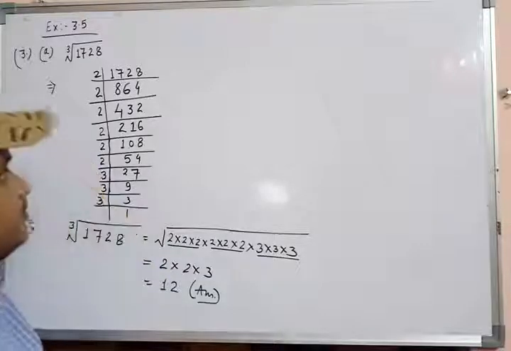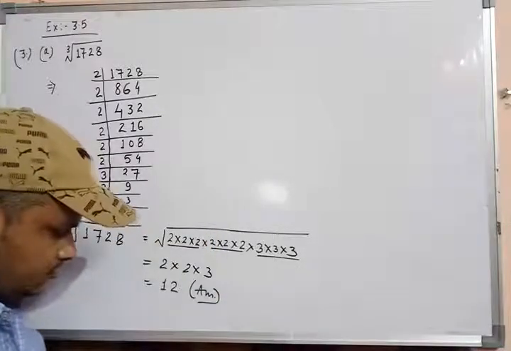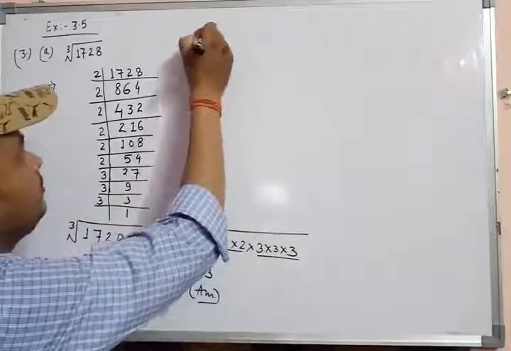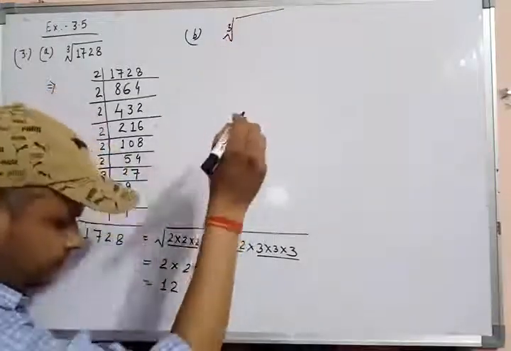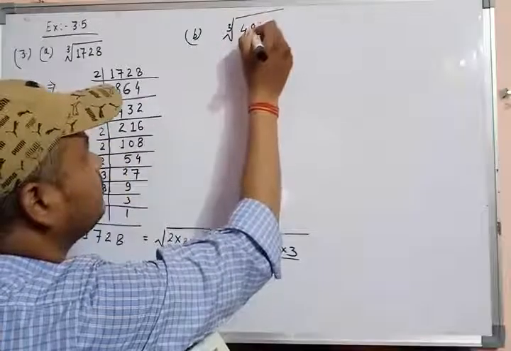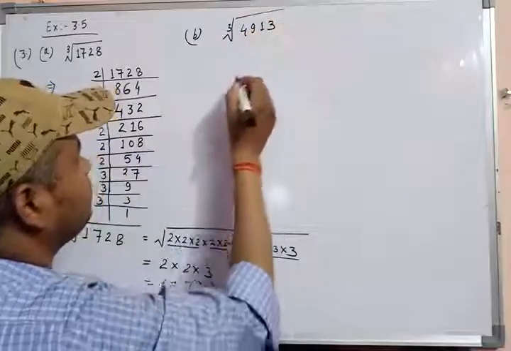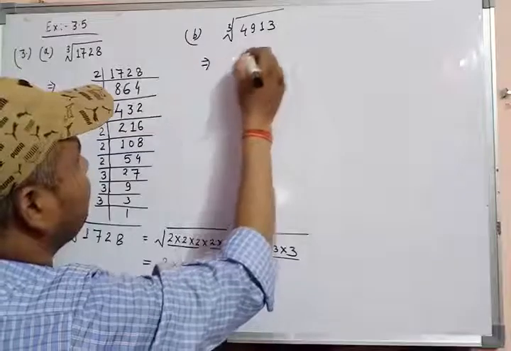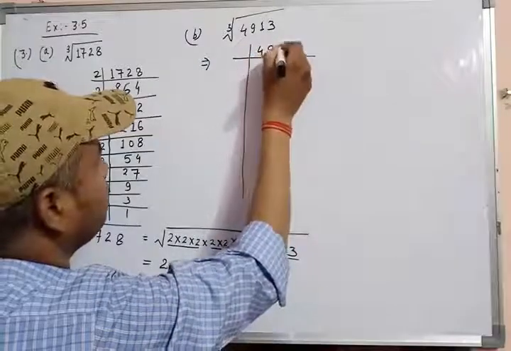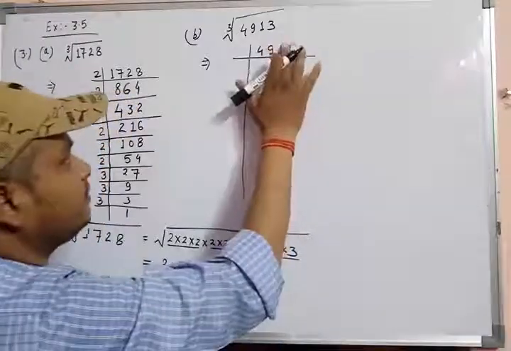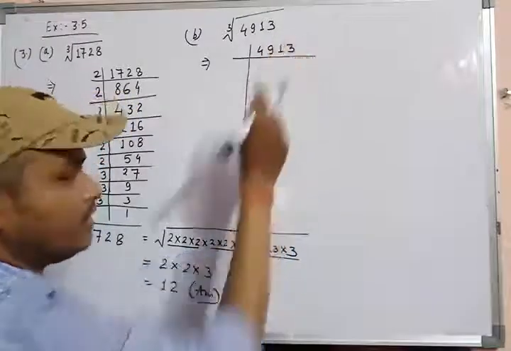Yes, it is correct. Now in question number b, you have to find the cube root of 4913 by the prime factorization method. So first of all you have to convert the number into prime factors.